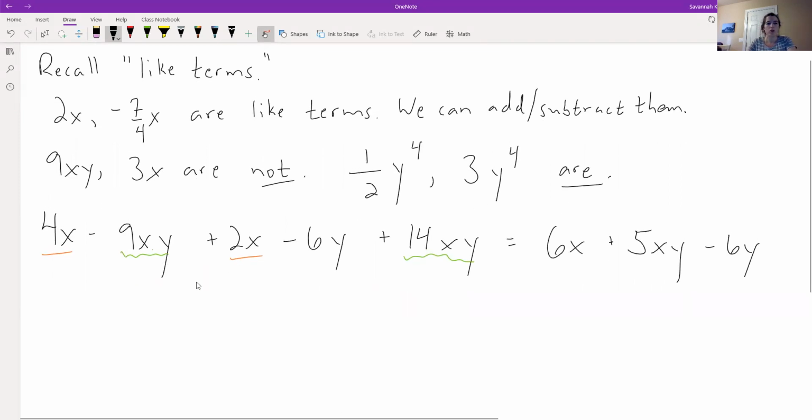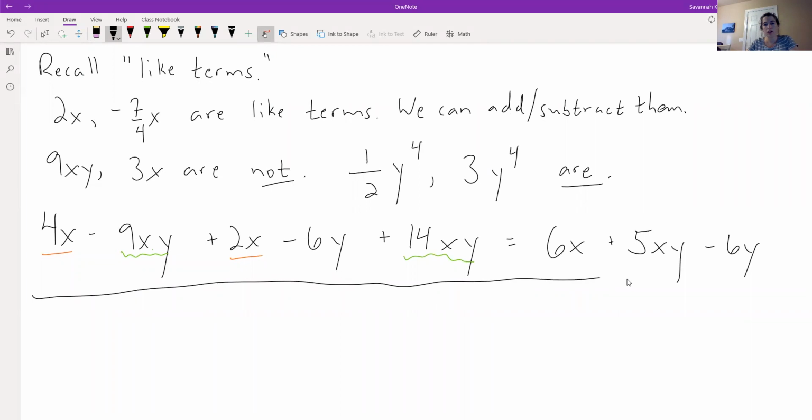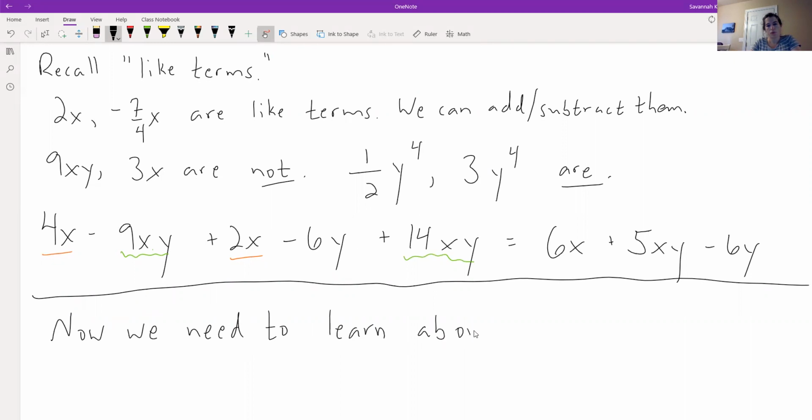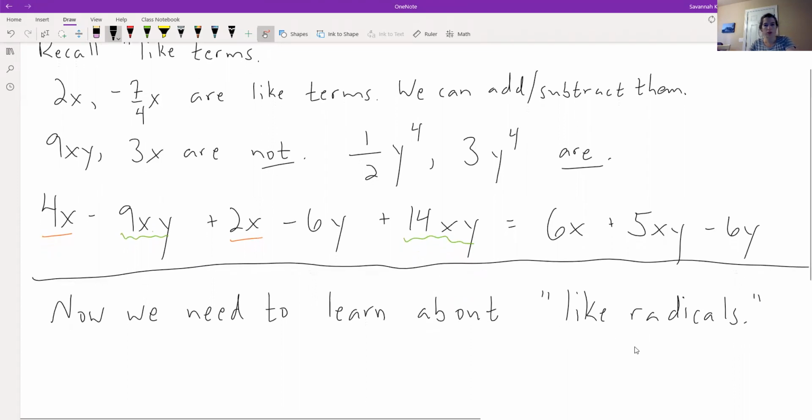Okay, we are going to expand that concept and start talking about like radicals. Just an expansion on like terms where all of a sudden you've got roots involved, square roots, cube roots, and so on. Okay, so like radicals.